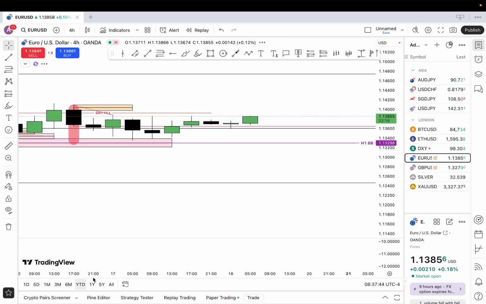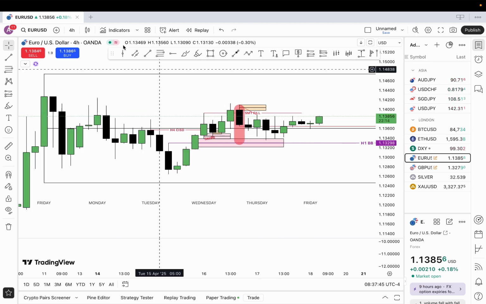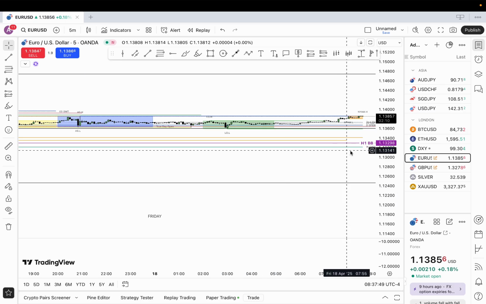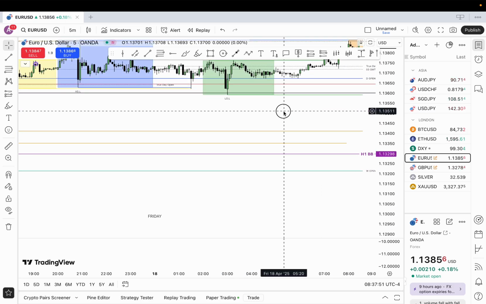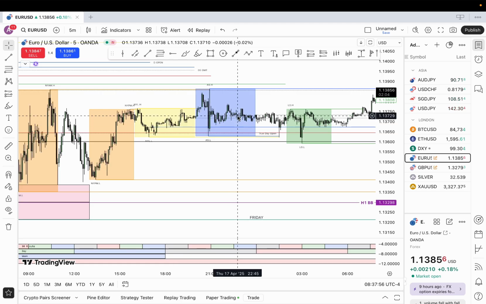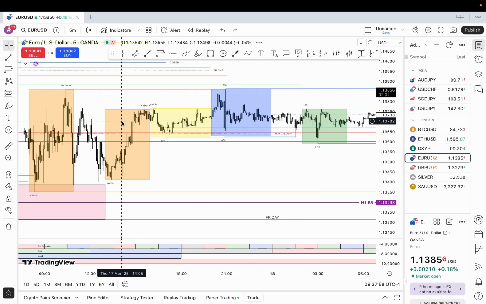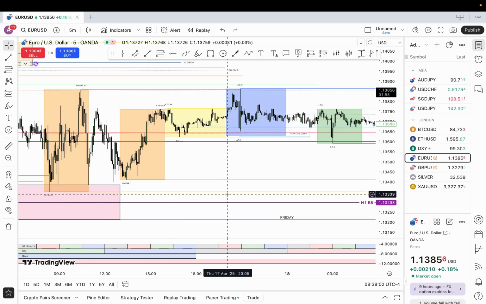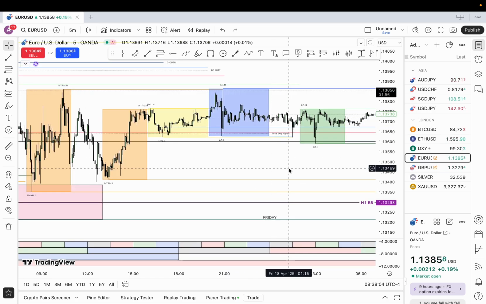Like first the 4 hourly. I was observing the market today, and as you can see, this is the central bank dealing range, this is the Asia range, this is London, this is the NY AM session and the NY PM session. These are the sessions which I have marked as an indicator.